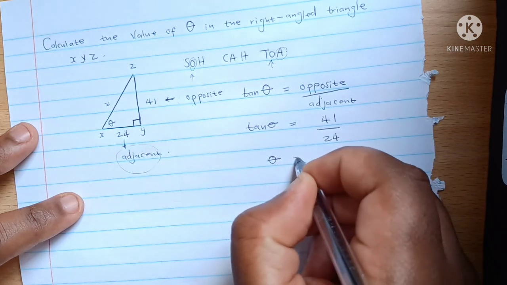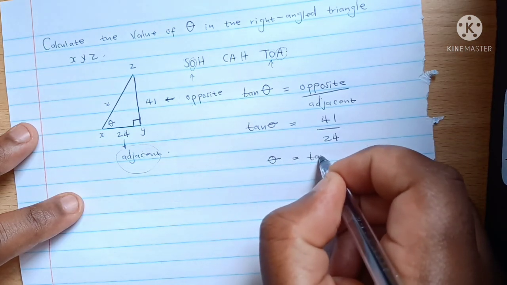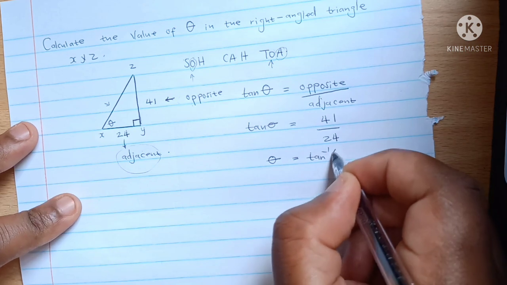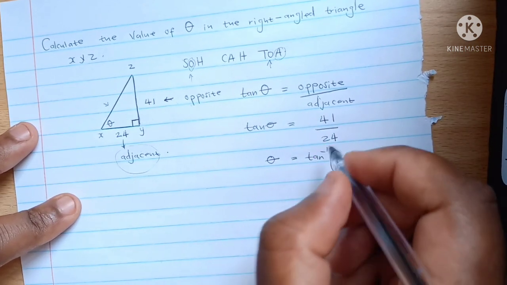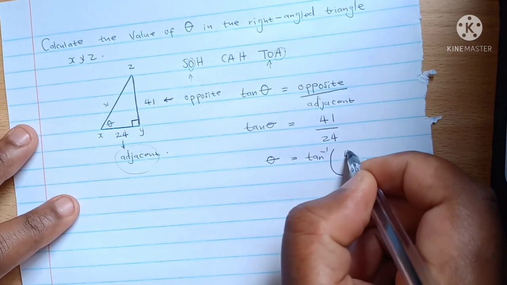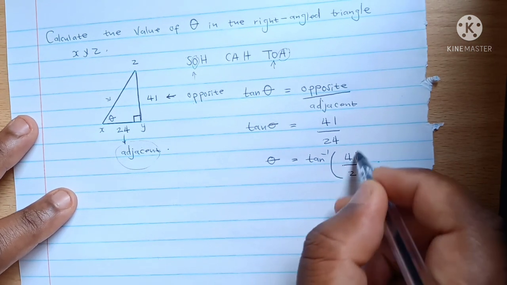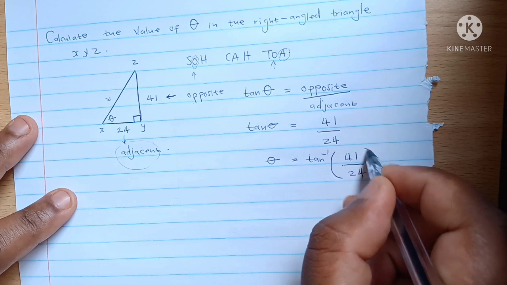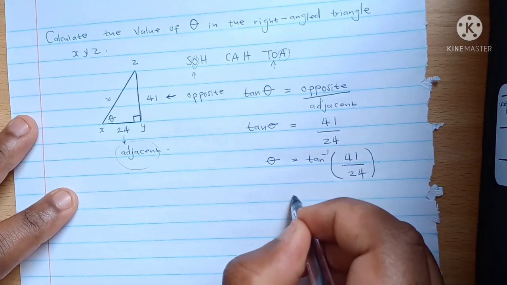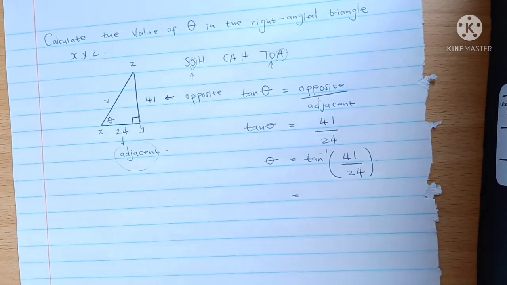Then theta equals to tan inverse. You have this in your calculators, guys. Tan inverse of 41 over 24, which is equals to what? Let me use my calculator.